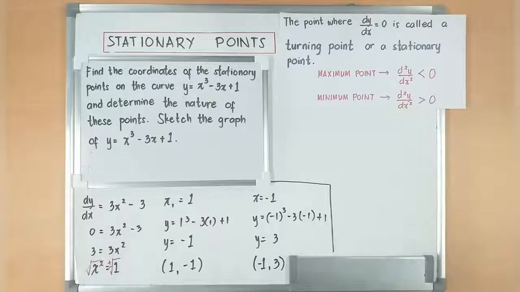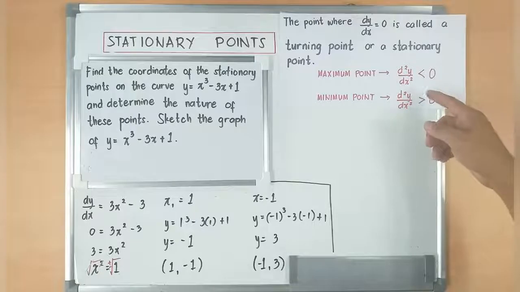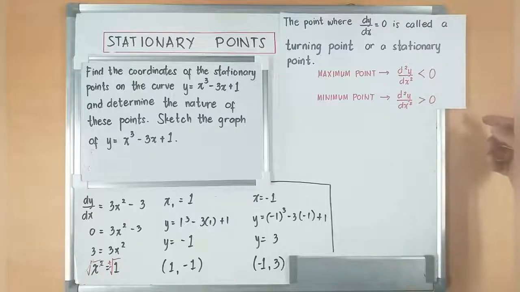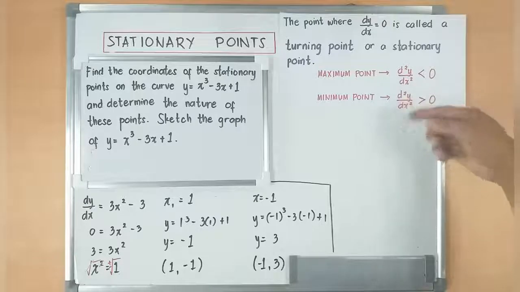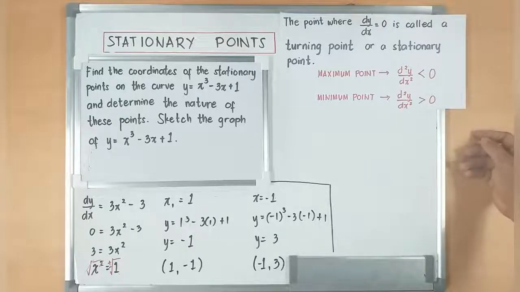So, if it is a maximum point, then the value of the second derivative should be less than 0. If it is a minimum point, the value of the second derivative should be greater than 0. Thus, it's very important for us to identify the second derivative. This is now the application of the second derivative.